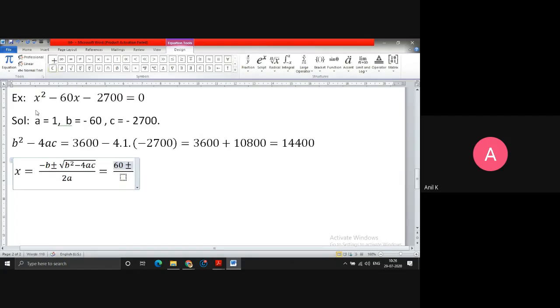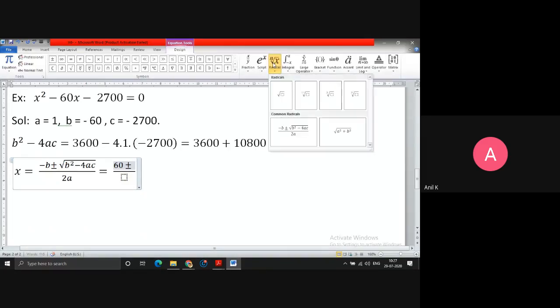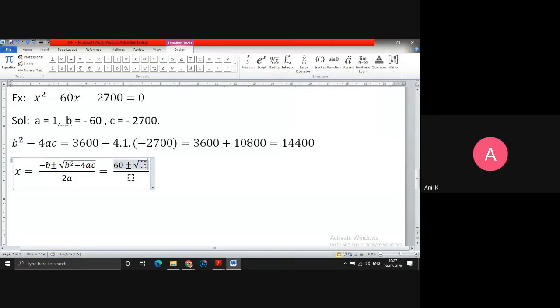Why am I putting 60? Your b value is negative, which is minus 60, and the formula sign is also minus, so minus of minus is going to be plus. Under root, I got the b square minus 4ac value, 14400, upon 2a. The a value is 1, so 2 into 1 is 2.